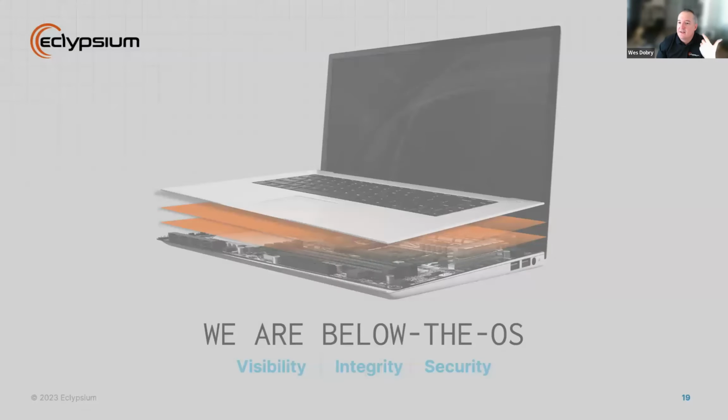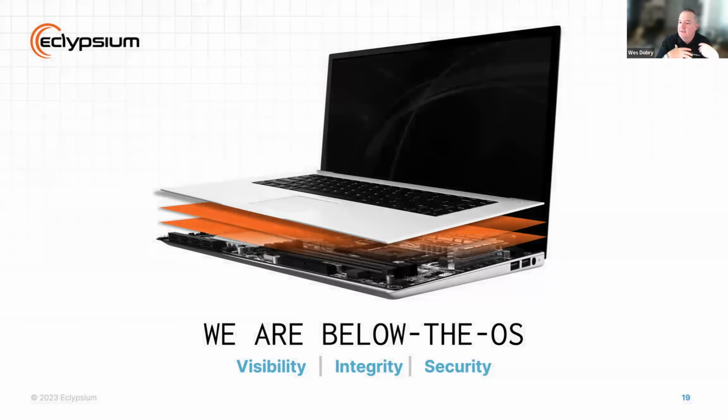So now I'm going to take a little bit of a different step and talk about how these specific controls can be adapted and corrected in a relatively quick fashion. And that's ultimately where Eclypsium and what we provide comes into play. And a very simple and easy way to think about Eclypsium itself is that we're simply put below the operating system, and I break it into three pieces: visibility, integrity, and security.